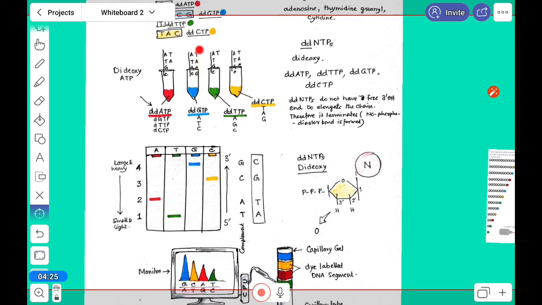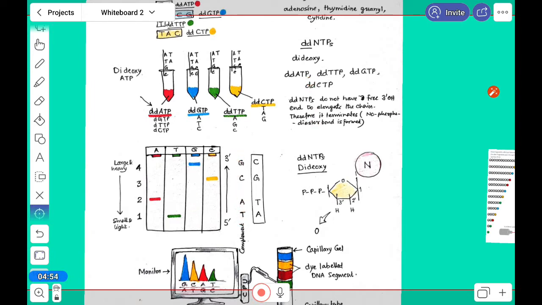Look here, it is 4 nucleotides. So 4 nucleotides will be large and heavy, so it will not move much, it will stay very close to the well. When there are 3, it will be towards the smaller. In that way, the smallest one, the TTP, is here. From this structure we are able to understand what the sequence is.